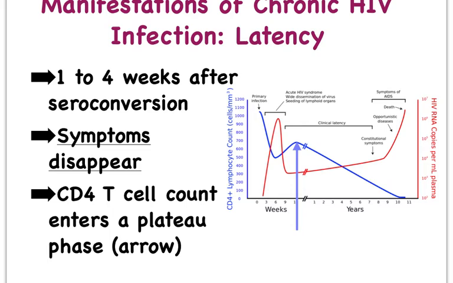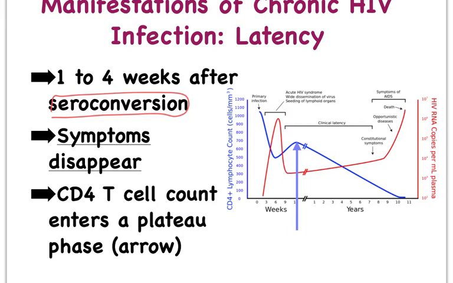But then when we go just beyond the seroconversion phase, remember that's when antibodies appear and therefore the number of virus particles starts to drop a little bit. Right here, we're going to see that symptoms disappear.